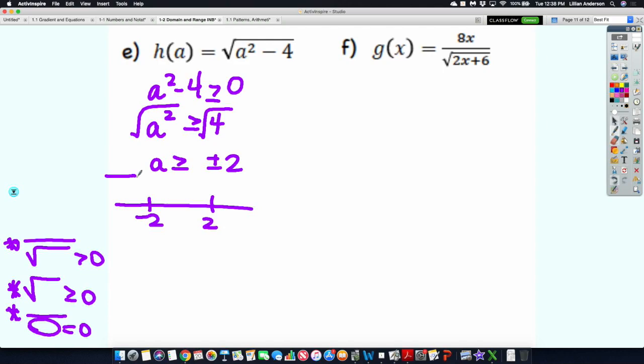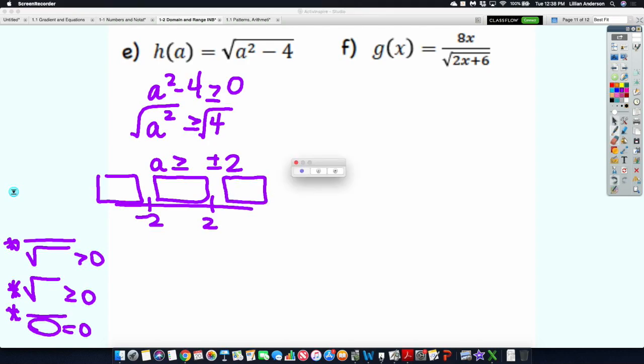So again, we have to test out the regions. Which ones actually work? We need to pick a number that's less than -2. What's the number less than -2? Ooh, I mean -3. Sorry, I'm jumping the gun. I apologize. Where do I plug that -3 into to check?